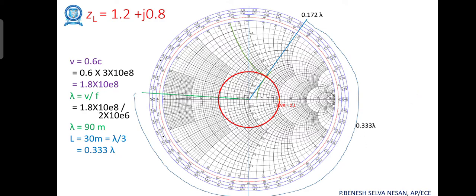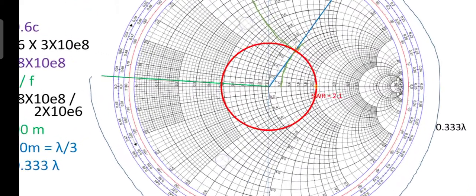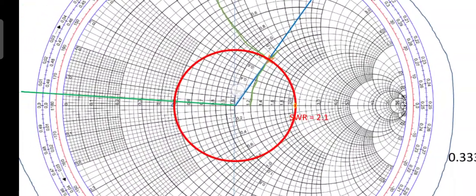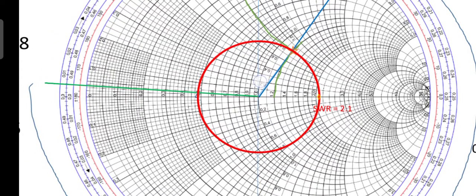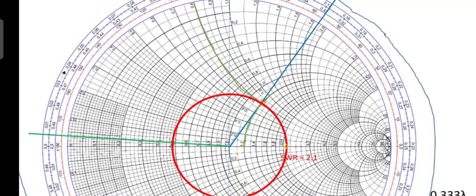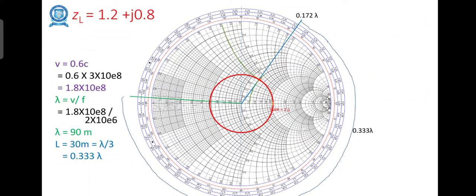Now we have to find the value at the intersecting point of this green line and this red circle, which is the input impedance of this transmission line.